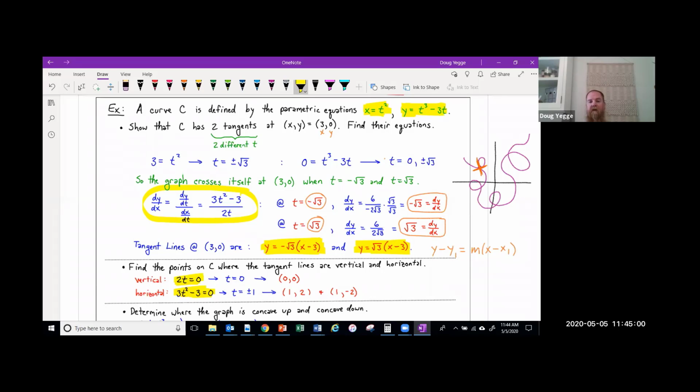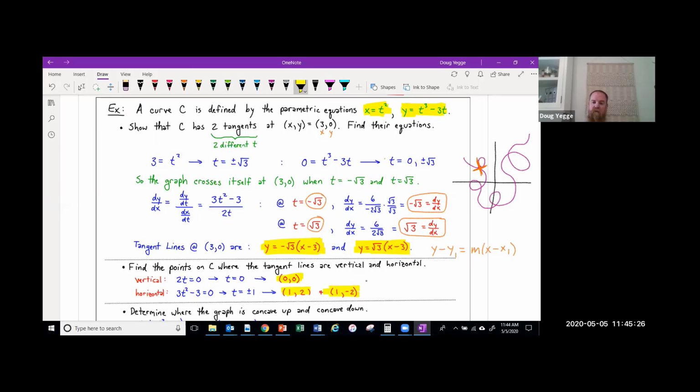Since the t value dictates what x and y will be, from up here, the original values x and y are dependent on t. If I know what the t values are, I can find those corresponding points. So that tells me that these are the particular locations.